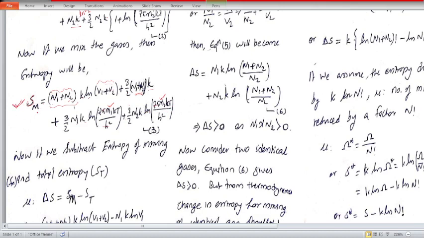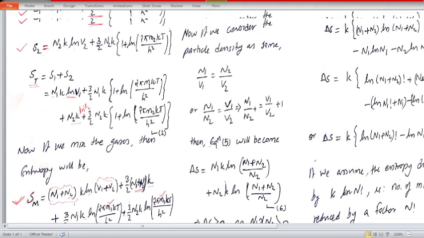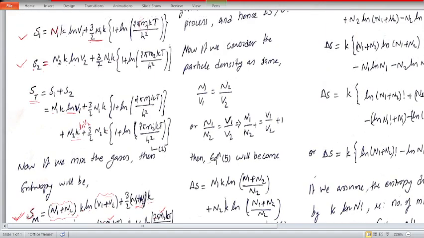First we considered two different gases separated by a barrier. The first gas has entropy S1 and the second gas has entropy S2, so the total system has entropy St equal to S1 plus S2, that is this expression.